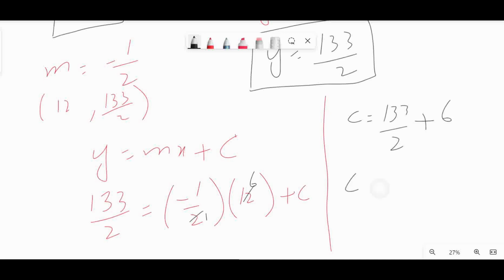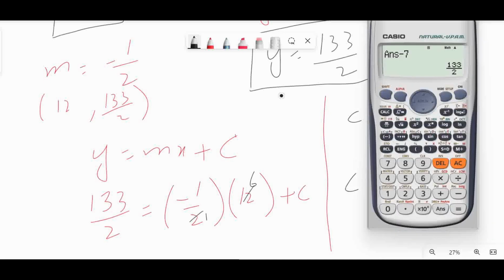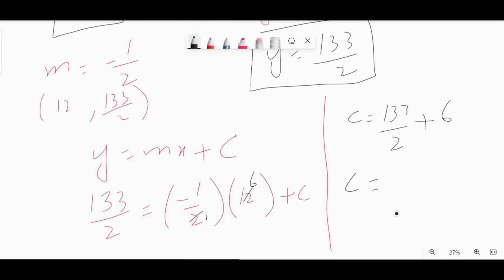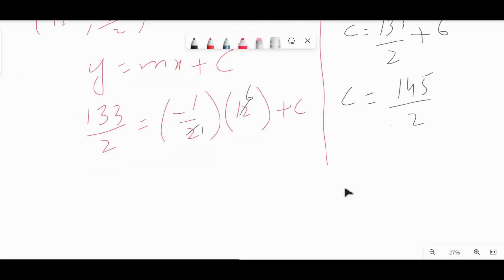So it will be equal to 145 by 2. So the value of c will be 145 by 2.